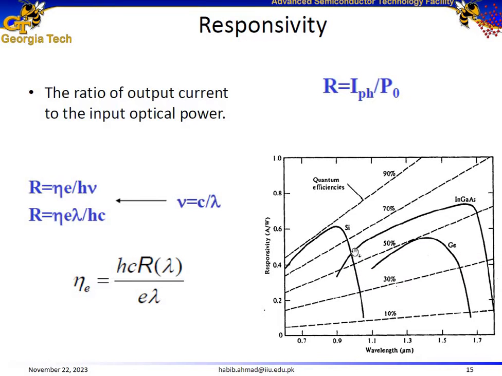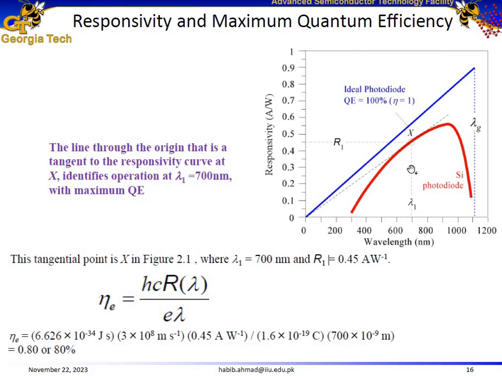We can also determine the wavelength corresponding to maximum quantum efficiency, and the maximum quantum efficiency for a particular semiconductor based photodetector, from the responsivity curves. Consider, for example, the responsivity curve in amps per watt versus wavelength for a silicon based photodetector.